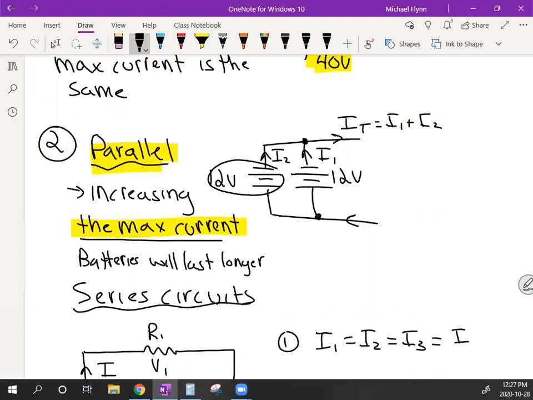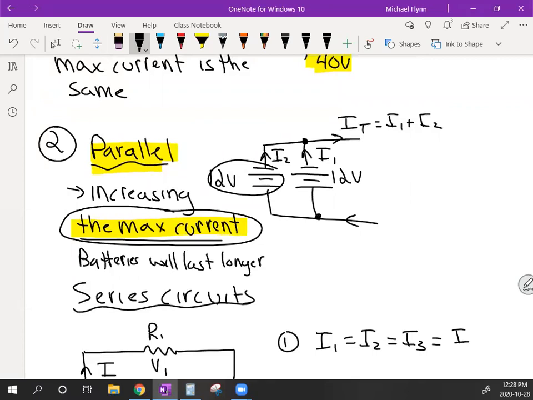My Tesla would have lots of batteries connected in parallel, mostly because you want more current, okay? You want more current because to get the power that's needed to accelerate the Tesla at that tremendous acceleration that it has, you need as much current as you can possibly get running through that motor. And so there's lots of batteries connected in parallel inside the Tesla for that reason.